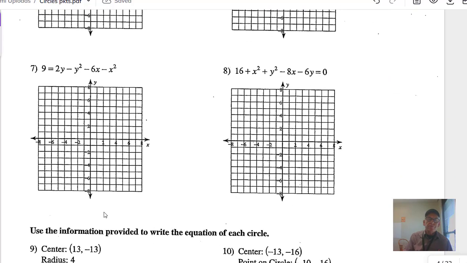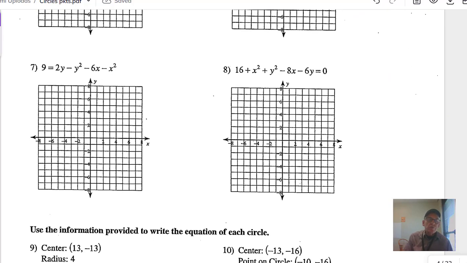So I get 7. 7 is another completing the square, so I need to get my x's together. And also this is like a negative x squared. So I guess the first thing I can do is rotate this around the equal sign. So I got like 2y minus y squared minus 6x minus x squared equals 9.